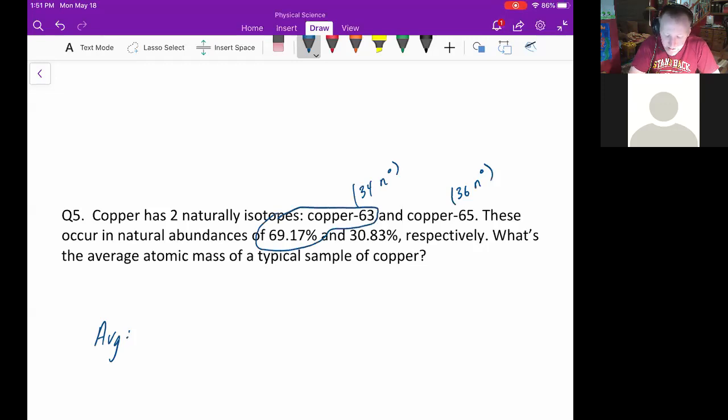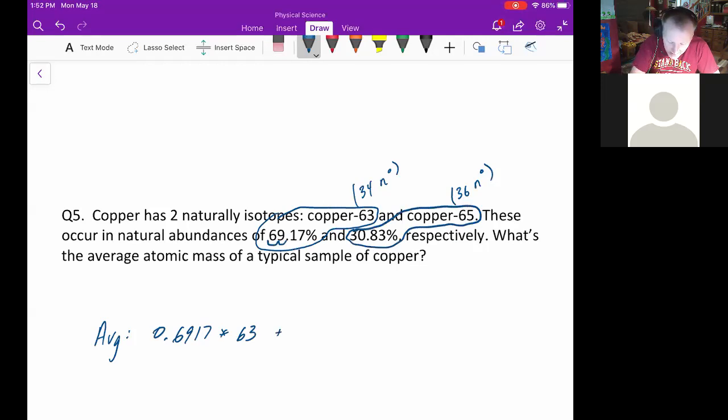So the average mass is going to be 69.17% of it is copper 63. So it's going to be 0.6917. And then we want to find the mass. Well, the mass of those particular ones is 63. And then the other ones, the 30.83%, have a mass of 65. That's what those end numbers mean.